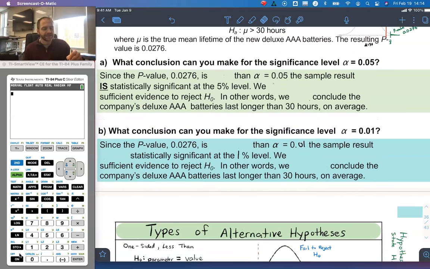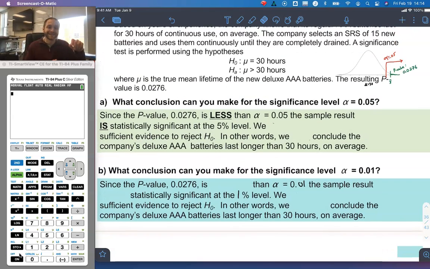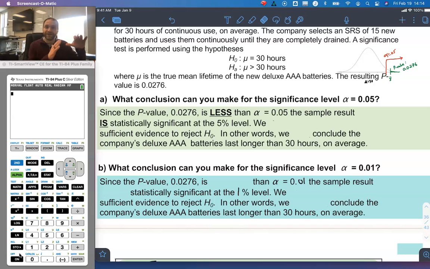So in this case, since the p-value is less than, so that's what happens. My p-value is 0.0276, it's less than my alpha, I am going to say the sample result is statistically significant at that 5% level, the alpha level. We have sufficient evidence to reject the null, and therefore we can conclude the alternative, that the company's deluxe AAA batteries, the new ones, do last longer than 30 hours on average because it's mu.